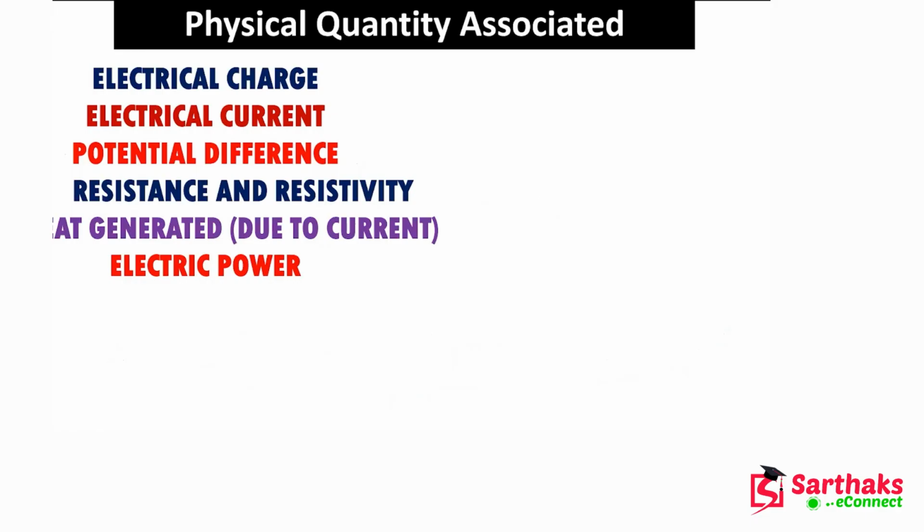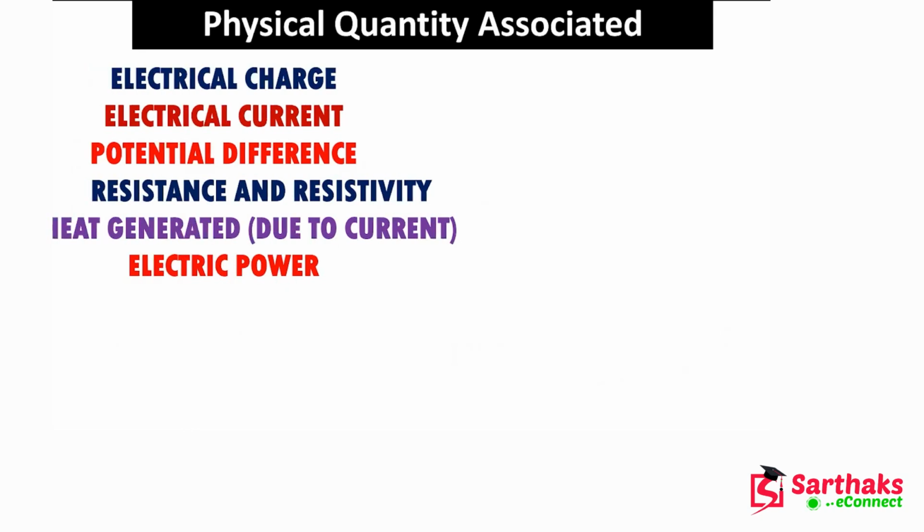Here we will discuss, okay guys, you can see that some quantities are written here. First one is electric charge, second one is electric current, third one is potential difference, resistance and resistivity, heat generated due to current and electric power.